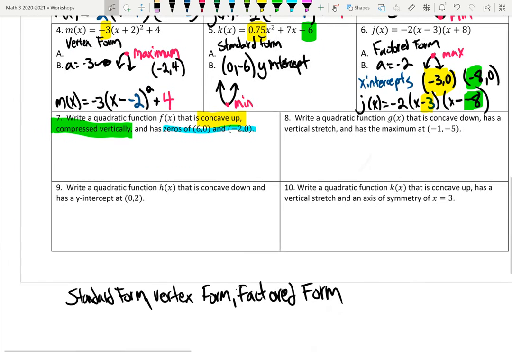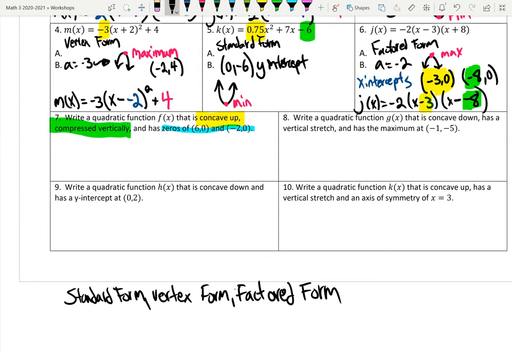If I were to graph these points, (6, 0) would be over here, (-2, 0) would be over here. These zeros are called x-intercepts. That being said, x-intercept zeros automatically have me use factored form.